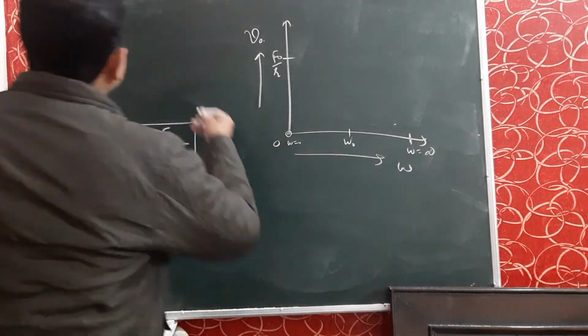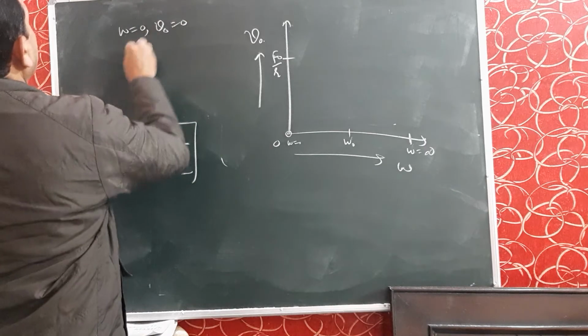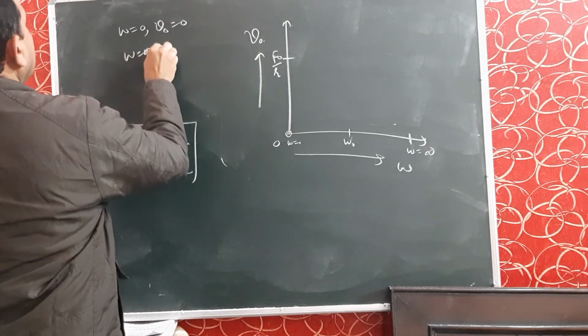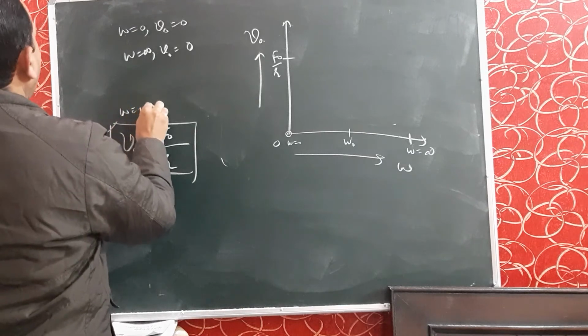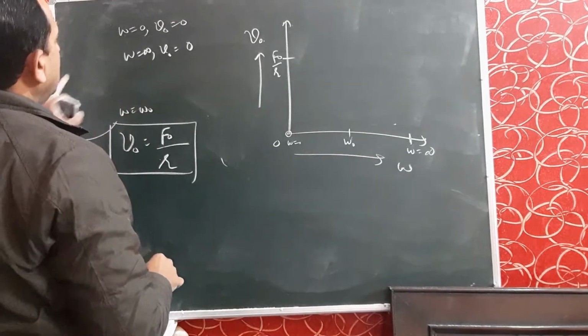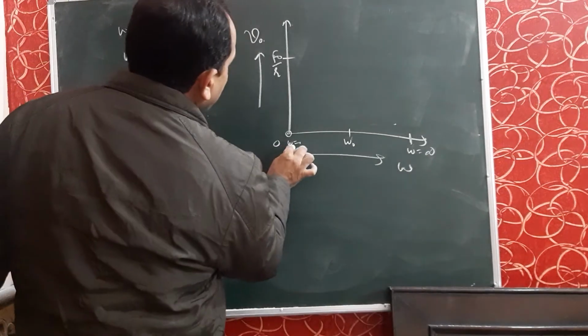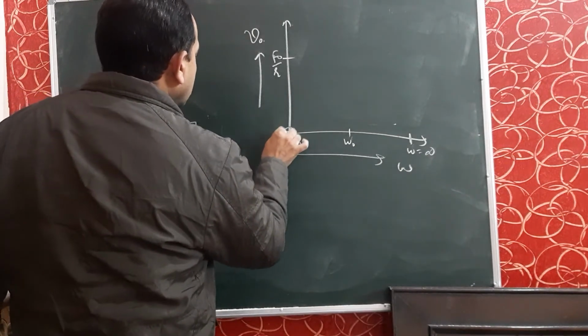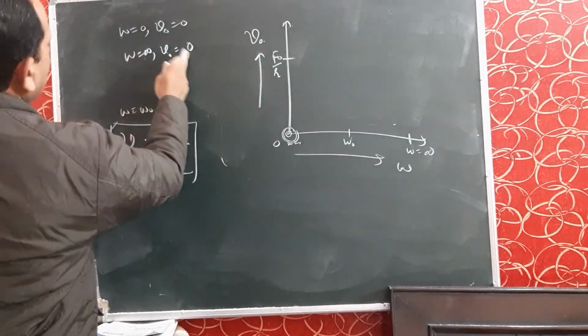Now there are 3 points. First point is omega is 0, velocity naught is 0. Omega is infinity, velocity naught is 0 again. And omega is omega naught, velocity is this. So mark this point, omega 0, velocity 0. And second, omega infinity, velocity again 0.